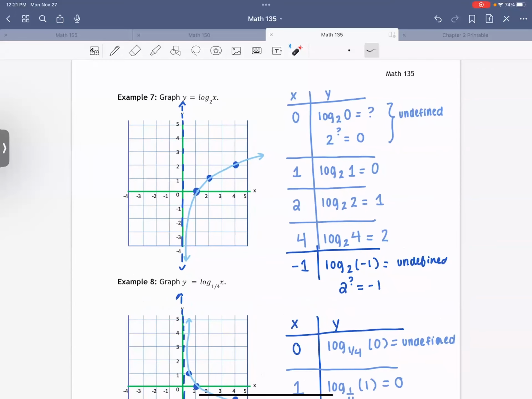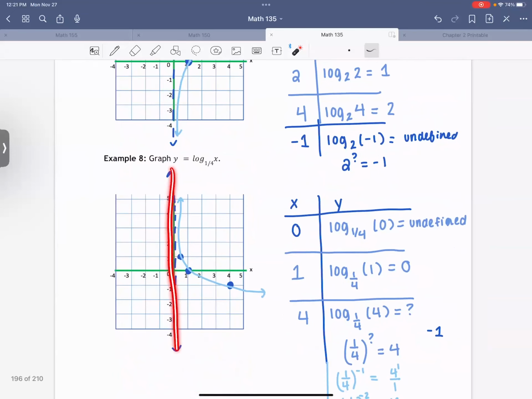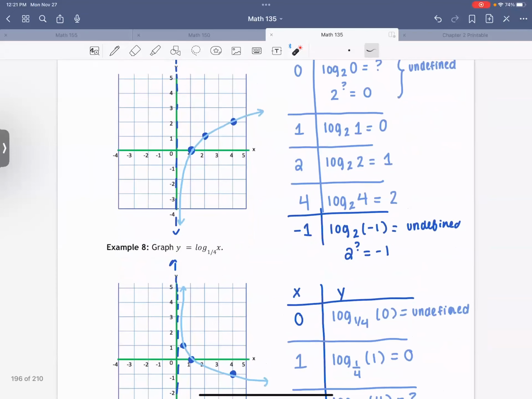But just to recap with logs, logarithms will always have the vertical asymptote, right? So if you're drawing a log, draw that vertical asymptote at the y-axis, okay? Depending on if you have a fraction or not, it's either going to go this way or the other way. But you're always going to have that 1, 0 point, right? No matter what the base is, that's always going to be there.